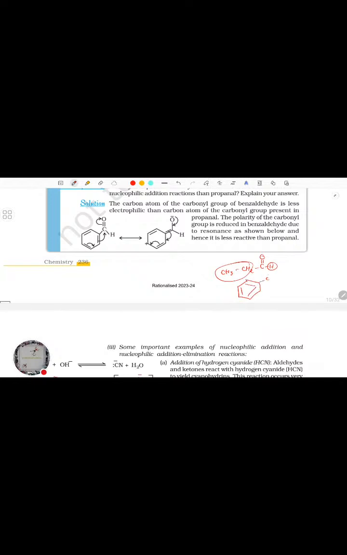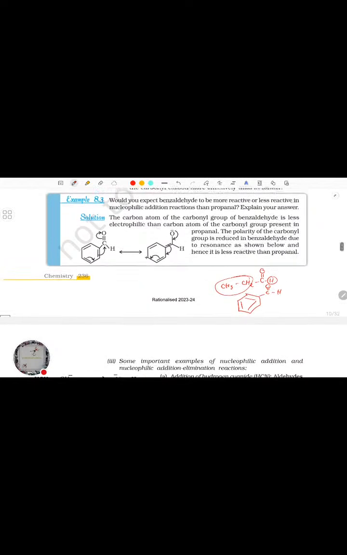So basically benzaldehyde will be less reactive. Benzaldehyde is less electrophilic than the carbonyl of propanal. Why? The polarity of the carbonyl group is reduced in benzaldehyde due to resonance. Okay, wait a minute. Why is it less reactive?